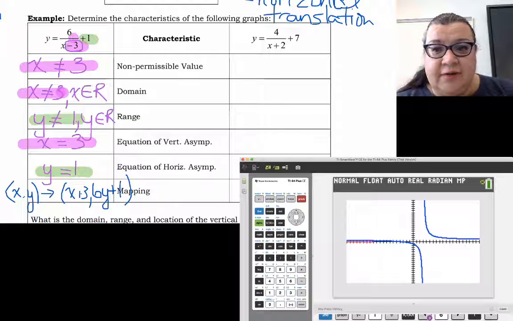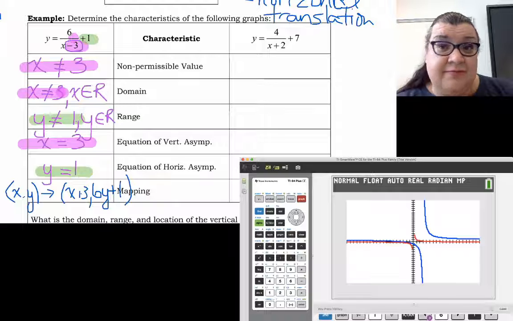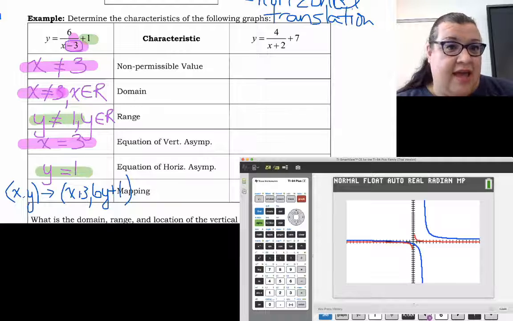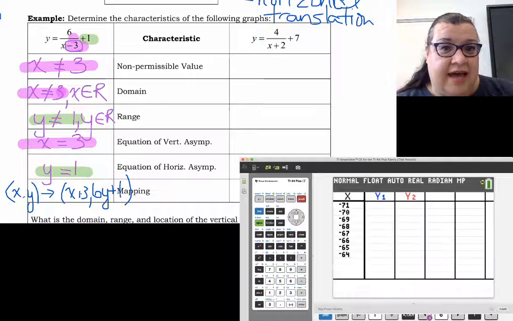So there's our transformed one, and the red one's our original. So this point 1, 1 is going to shift in 3 different ways. It's going to be horizontally moved over 3, moved up 1, and then stretched by 6. So it's going to be multiplied by 6.